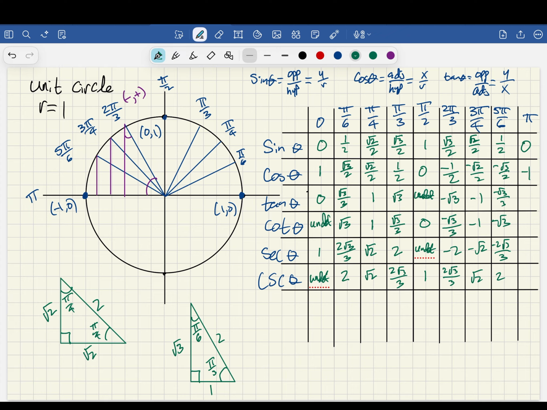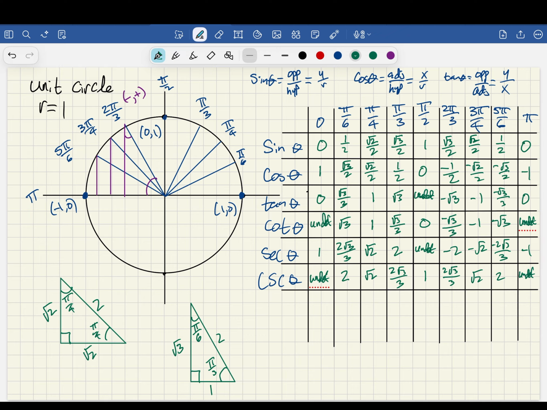The tangent would be y over x, 0 over -1, or 0. The cotangent, x over y, so -1 over 0, which would be undefined. The secant is going to be the inverse of the cosine ratio, so still -1. The cosecant is the inverse of the sine function ratio, so undefined again.